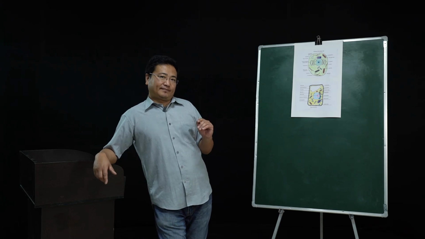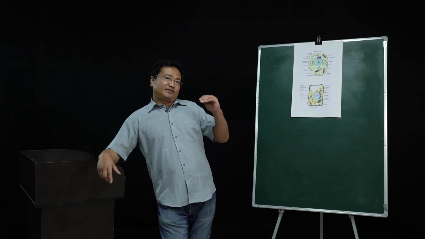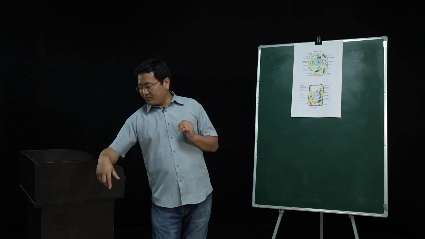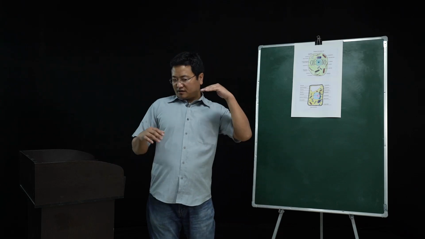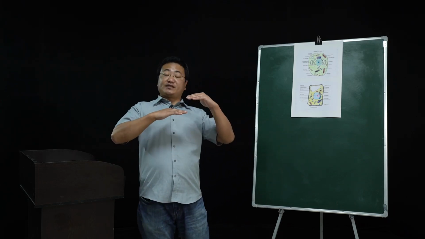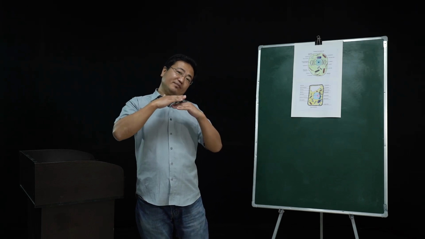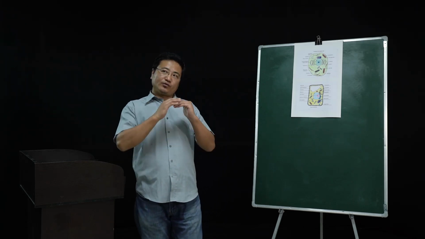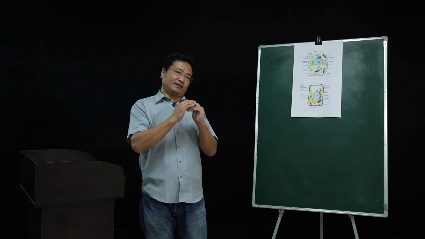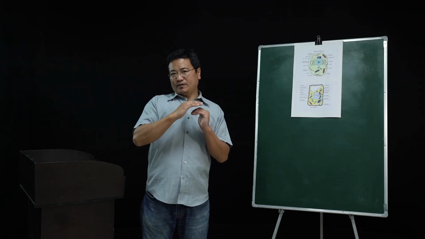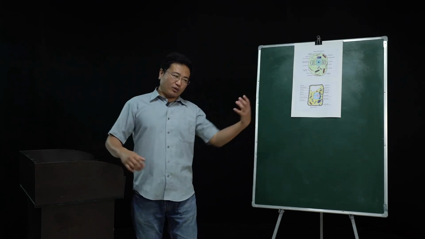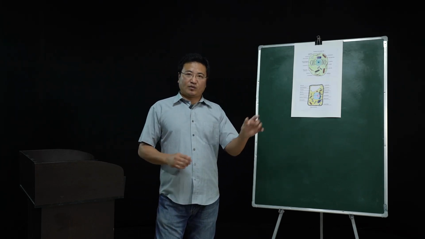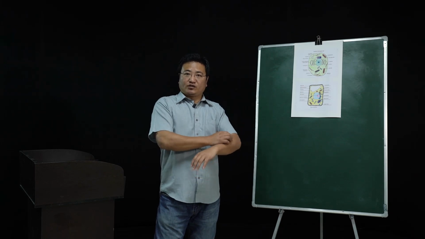Now remember that in plants there is a difference. In plants, we will have a cell wall. Yes, the cell membrane is there, but on top of that cell membrane, you will find a cell wall. Why do we have a cell wall in plants? This cell wall protects the plant. It gives rigidity. When you touch a plant, it is hard, but when you touch your skin, it is soft.